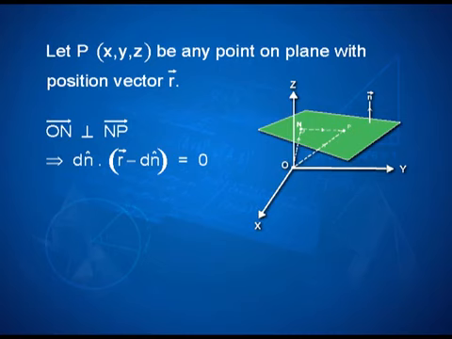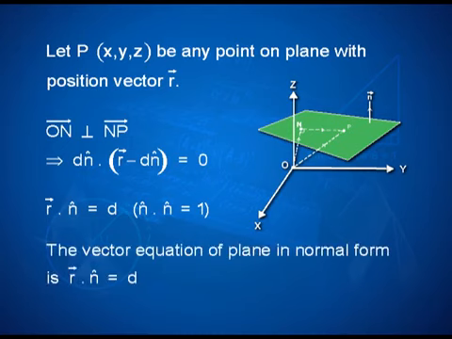So, you do get d n cap dot (r vector minus d n cap) equal to 0. As we simplify this, I get r dot n cap equal to d, and this is what is known as the vector equation of plane in normal form.